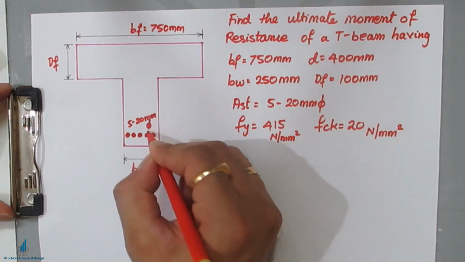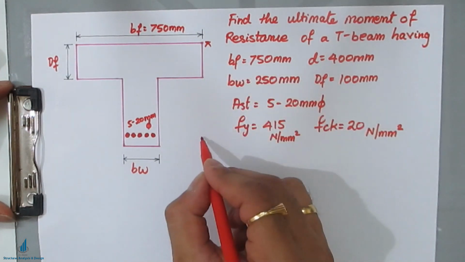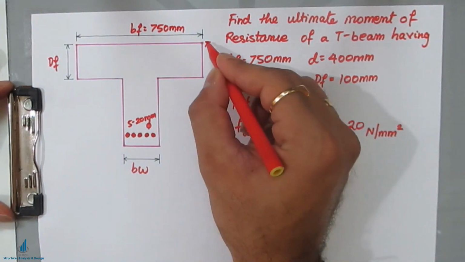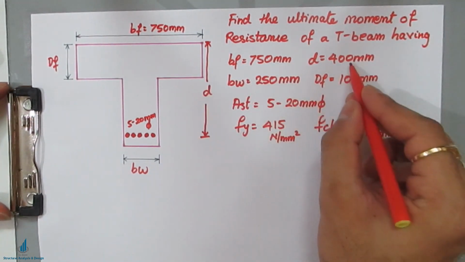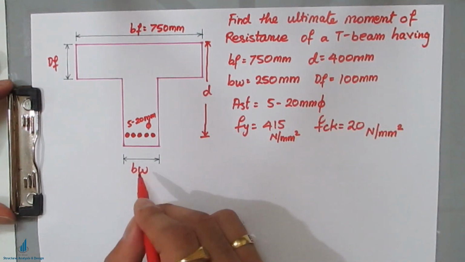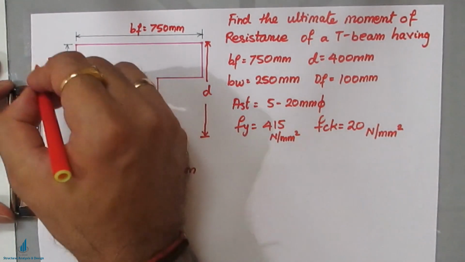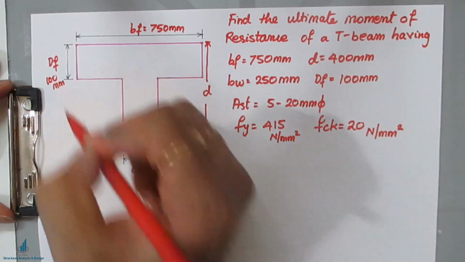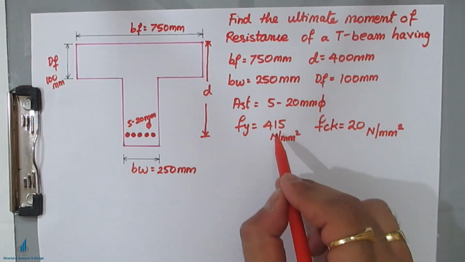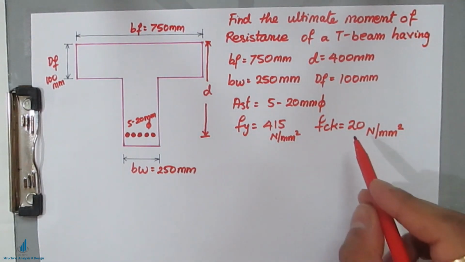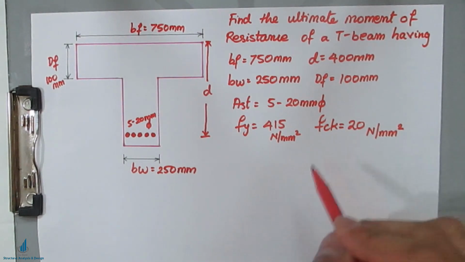The effective depth, from this point to this point, is D, which is 400 mm, and width of web is 250 mm. Depth of flange is 100. So all the parameters are given, and the steel used is Fe 415 Newton per mm square, and the grade of concrete fck is 20 Newton per mm square.